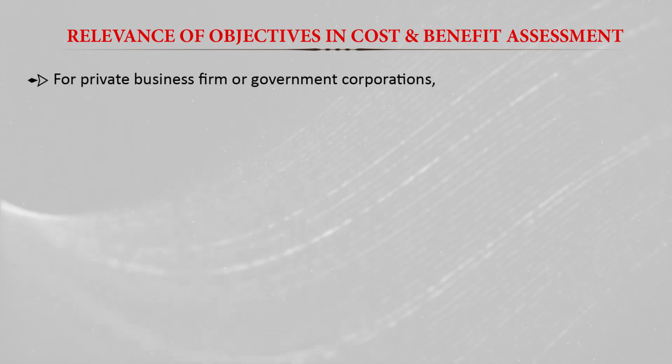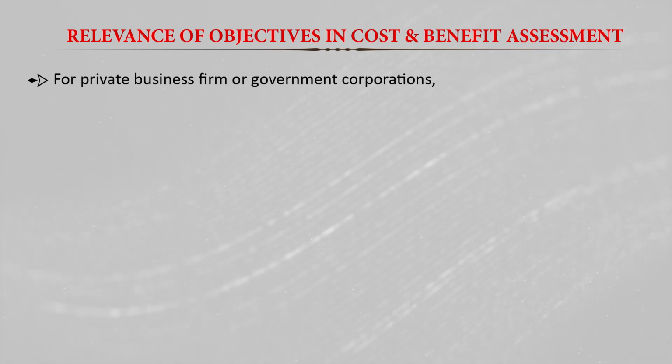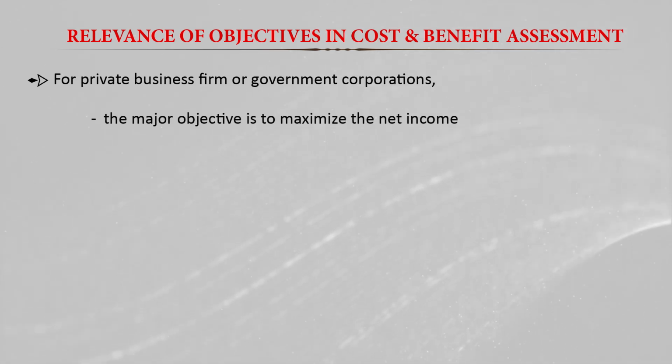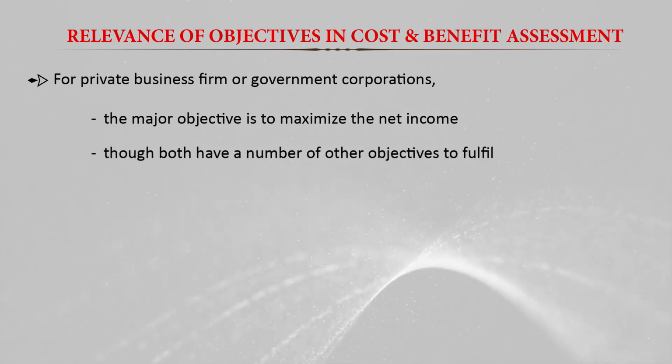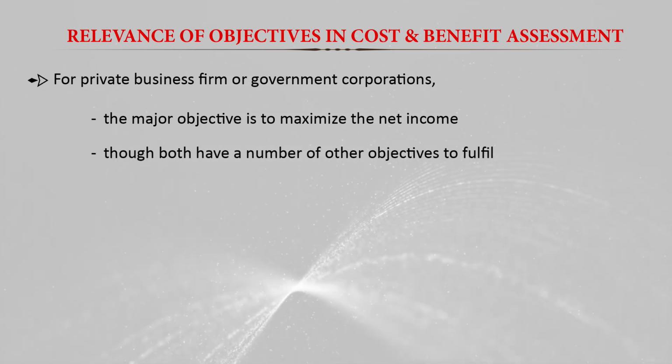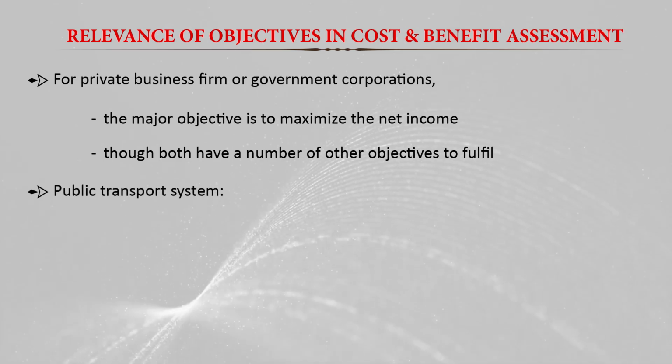For private business firms or for a government corporation, the major objective is to maximize the net income. But both have a number of other objectives also. An example is the public transport system.